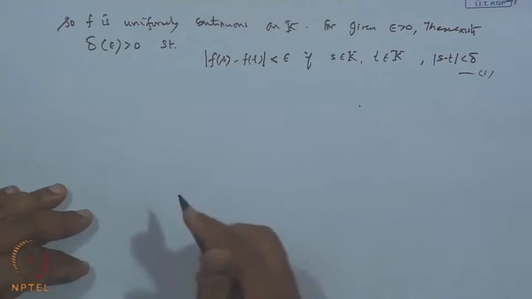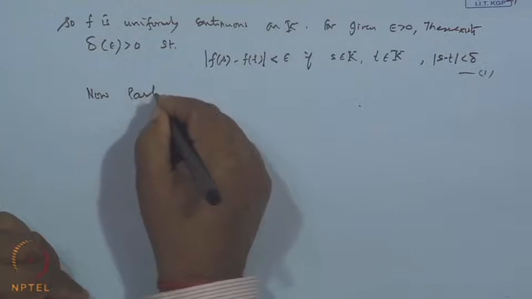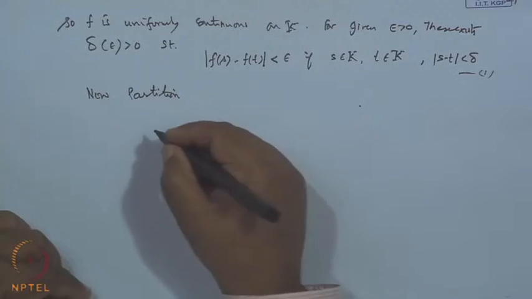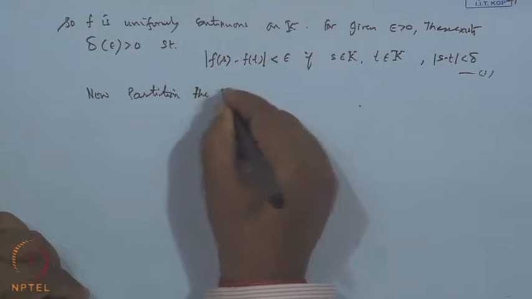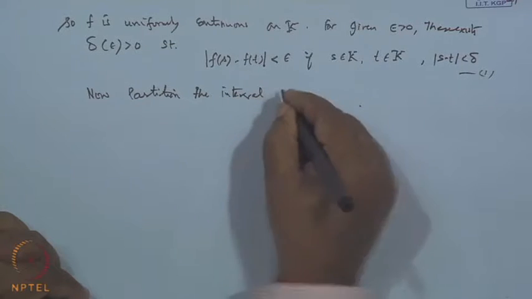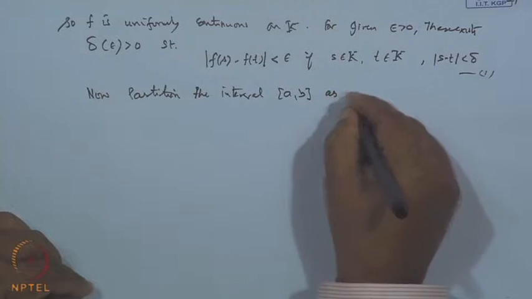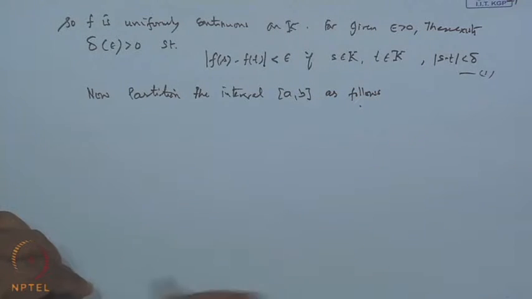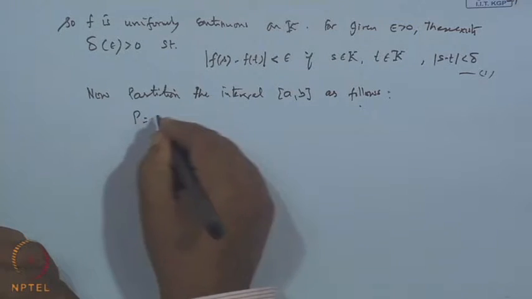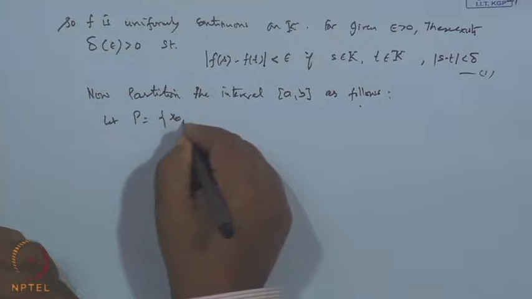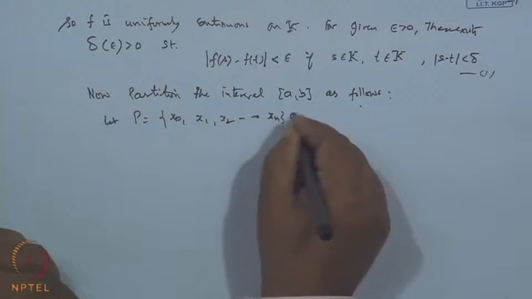Now, let us partition the interval ab as follows. Suppose P is the partition x0, x1, x2, say xn of ab.